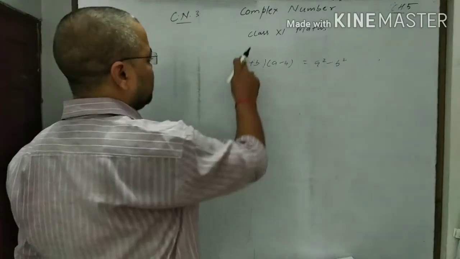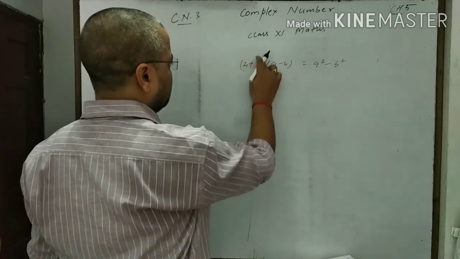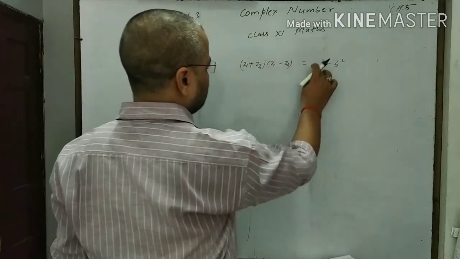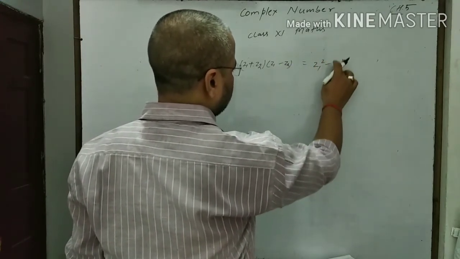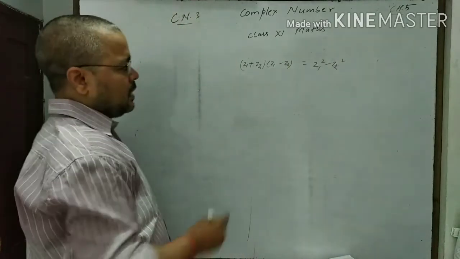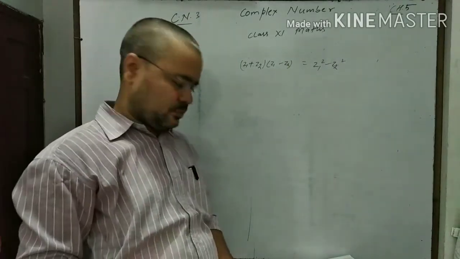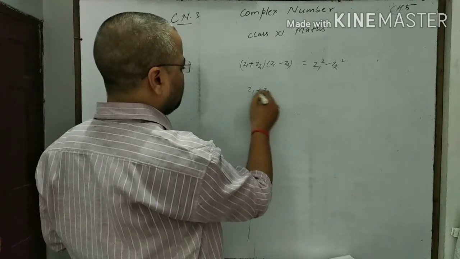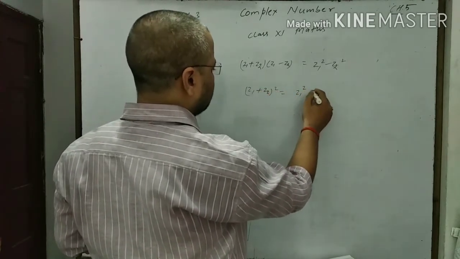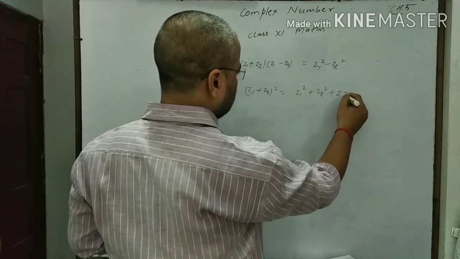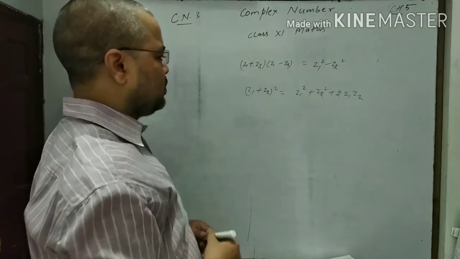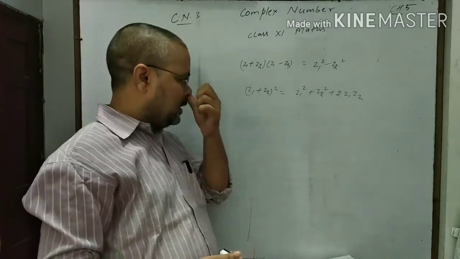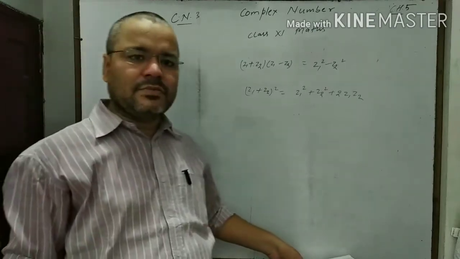Similarly, z1 plus z2 into z1 minus z2 is equal to z1 square minus z2 square, and we can prove it also. Similarly, z1 plus z2 whole square is z1 square plus 2 z1 z2 plus z2 square. Similarly, the other identities will also be satisfied in the case of complex numbers.